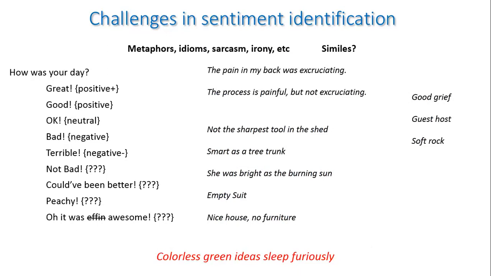And I have an example at the bottom. It says, "colorless green ideas leap furiously." This is a sentence that was coined by Chomsky. It is a perfectly grammatical sentence with absolutely no meaning. It's a meaningless sentence. So there is this difference between being grammatically correct and making semantic sense.